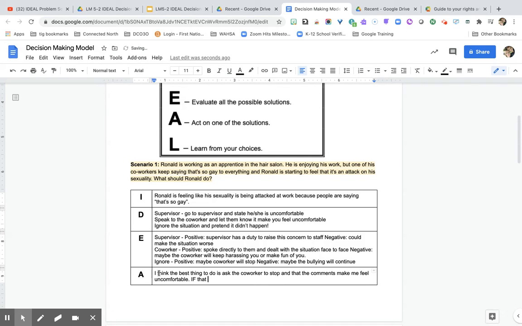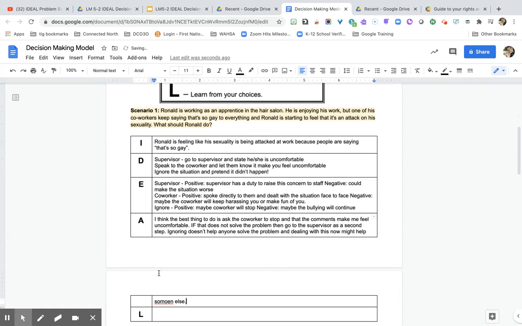If that does not solve the problem, then go to the supervisor as a second step. Ignoring doesn't help anyone solve the problem, and dealing with this now might help someone else.